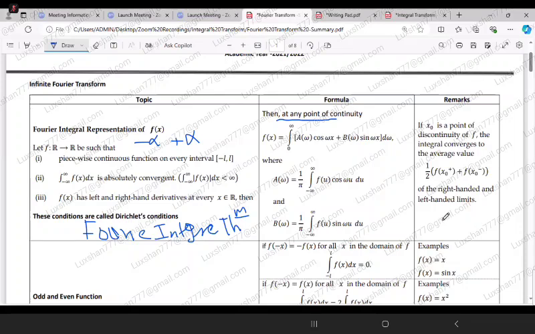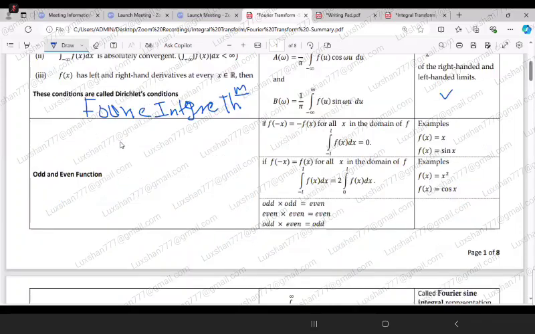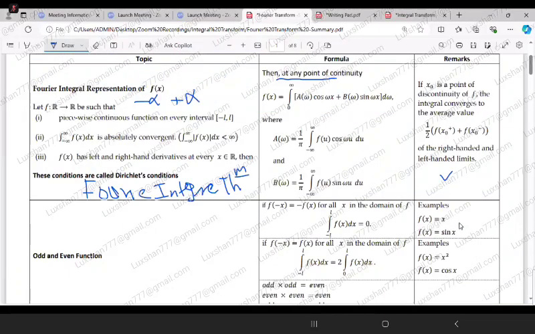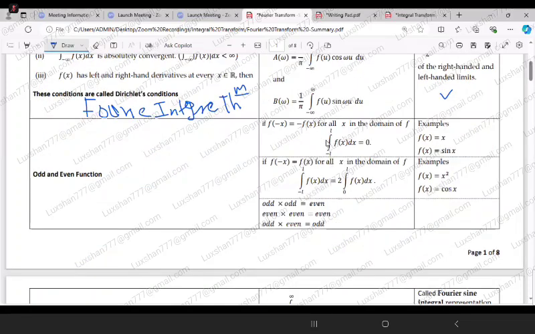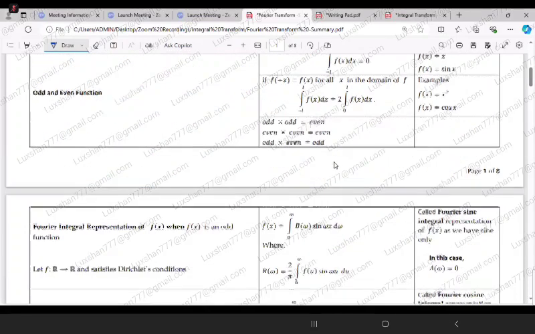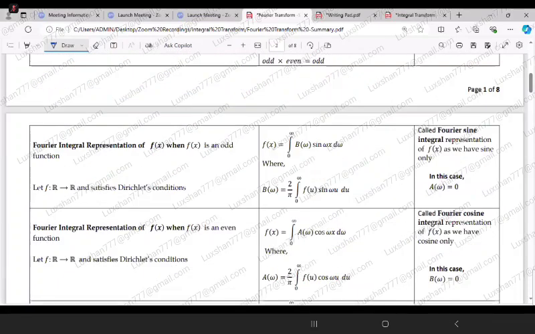We did a question on this also. Then odd function, even function. These are the definitions for odd and even functions. If you take the Fourier integral representation of f(x) when f(x) is an odd function, we will have only the sine term, because A(omega) becomes 0.